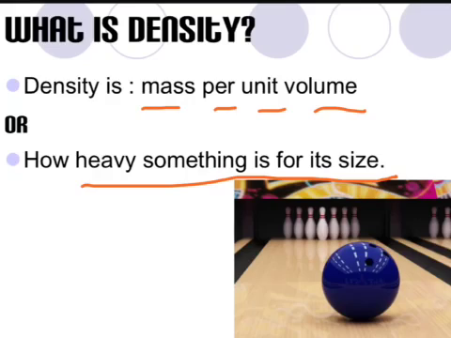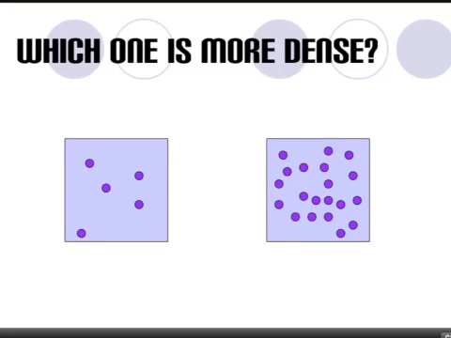But imagine another object of the same size but made of styrofoam. A big styrofoam ball would weigh a lot less, and we would say it would be much less dense. So it has to do with not just how heavy it is, but how heavy it is for how large it is.